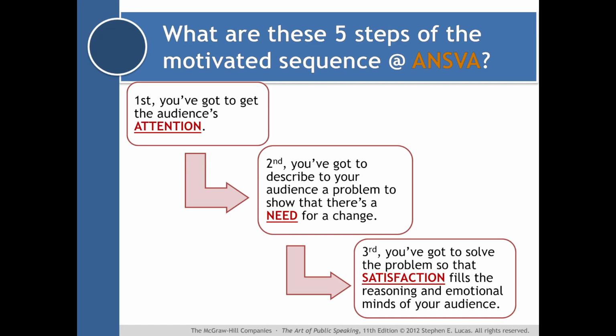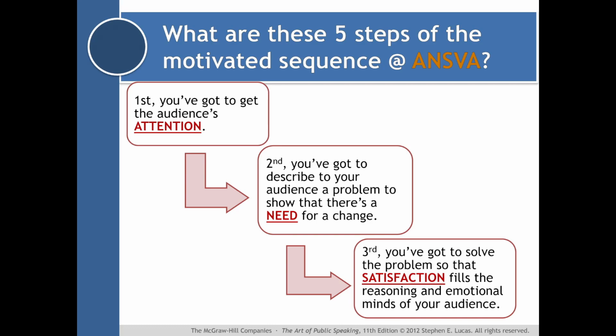Okay. Third one, you need to solve the problem so that the satisfaction fills the reasoning and emotional minds of your audience, meaning that you have to provide the solution to the problem that you have introduced in the need stage. It means that the solution here should be satisfactory.